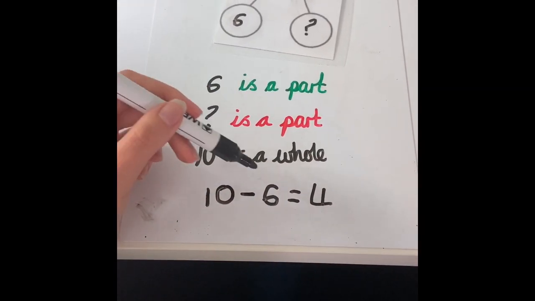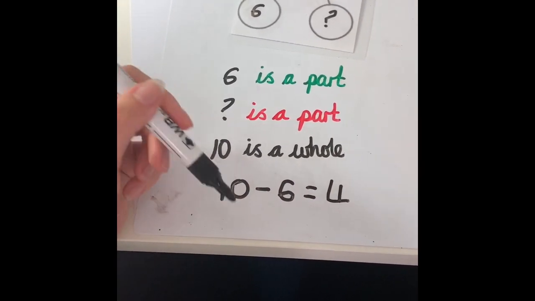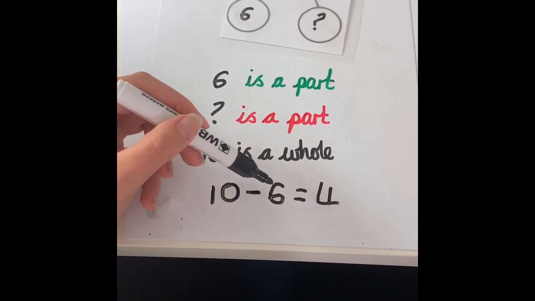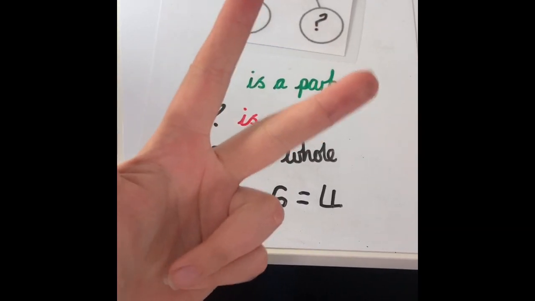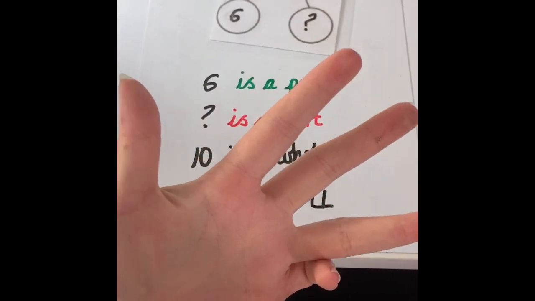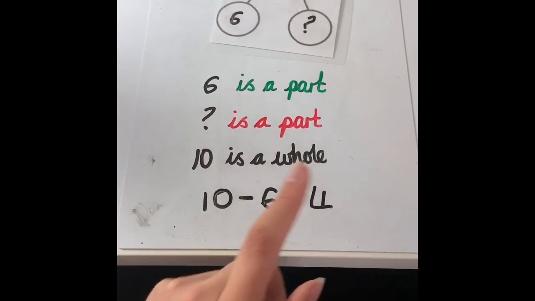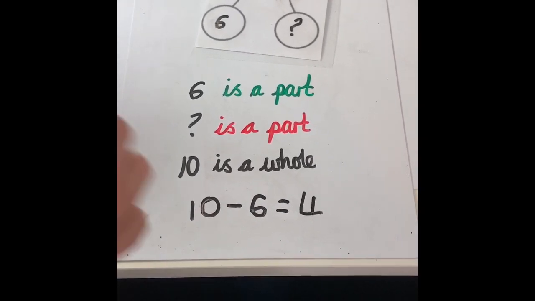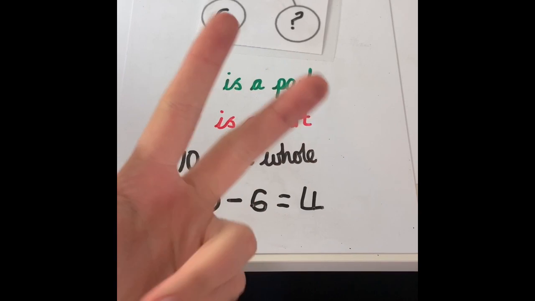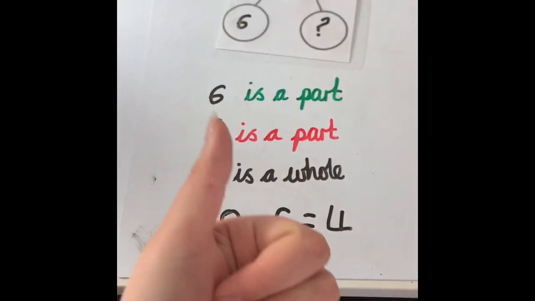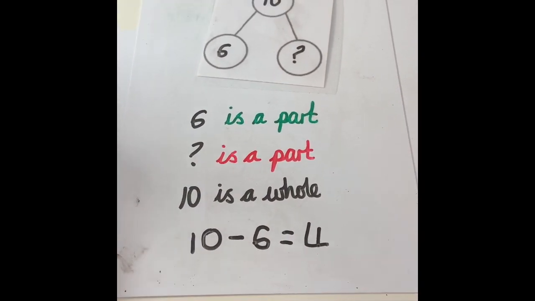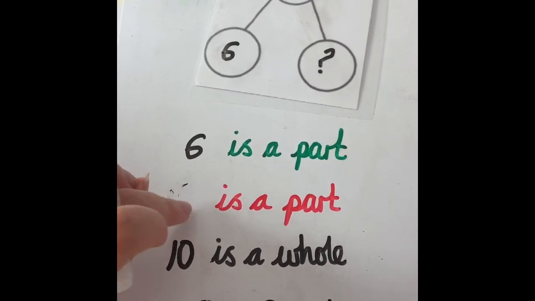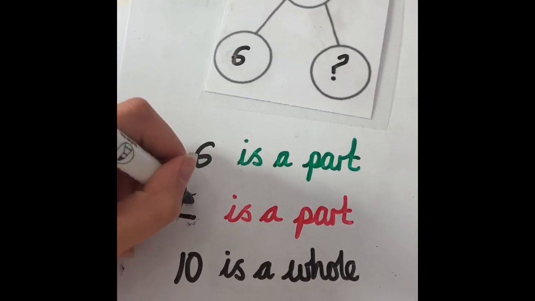But if I didn't, I would either count back in my head or count from 6 up to 10. So I could go 6, 7, 8, 9, 10. Okay, so 10 take away 6 equals 4. Or I go 10 in my head, then go 9, 8, 7, 6, 5, 4. And then I'd get to that answer as well. So I now know my answer is 4.